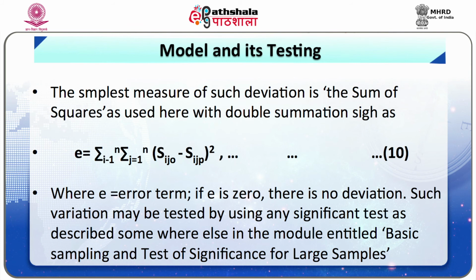If E is 0, there is no deviation. Such variation may be tested by using any significance test as described somewhere else in the module entitled Basic Sampling and Test of Significance for Large Samples.